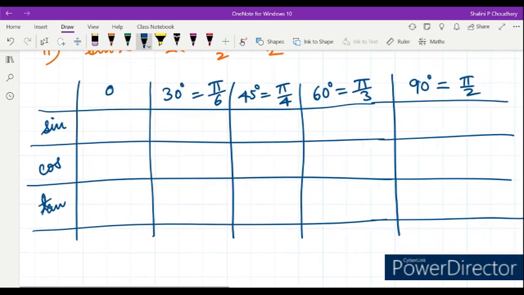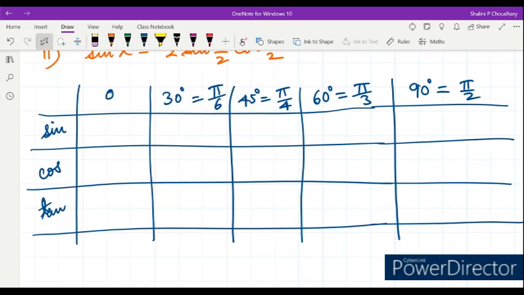Now let's see how we get the values. If you don't know them and want to remember how to derive them, write 0, 1, 2, 3, 4, divided by 4, and take the square root. 0 divided by anything is 0.